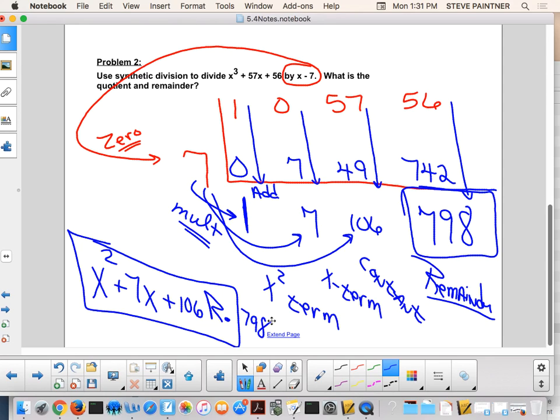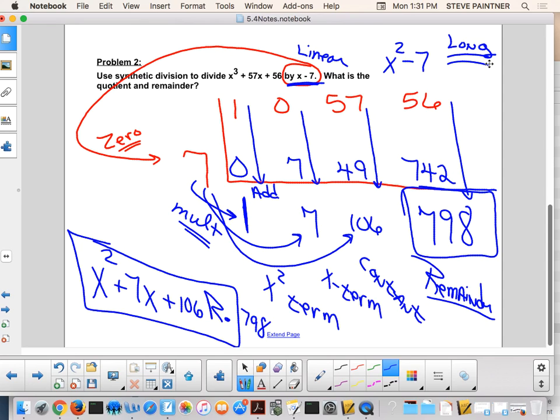Is it easy enough for you? Yeah. Okay, just remember, this only works on what kind of division? Linear. Okay, so this is linear right here. Now this, if I would have said divide by this, how would you divide by x squared minus 7? That's long. You'd have to do long division here.